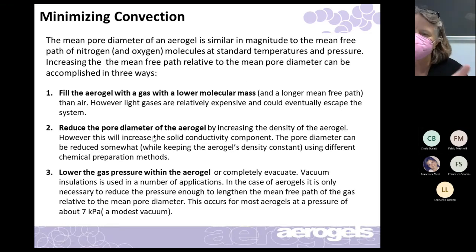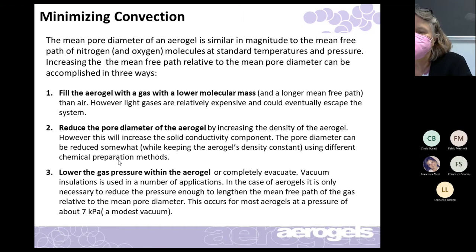Depending on the chemical preparation method, you can change the pore diameter a little bit while keeping the density constant. For example, you can achieve that using either the tetramethyl orthosilicate, the TMOS, versus the tetraethyl orthosilicate, which leads to smaller diameters and similar densities. So that could help.